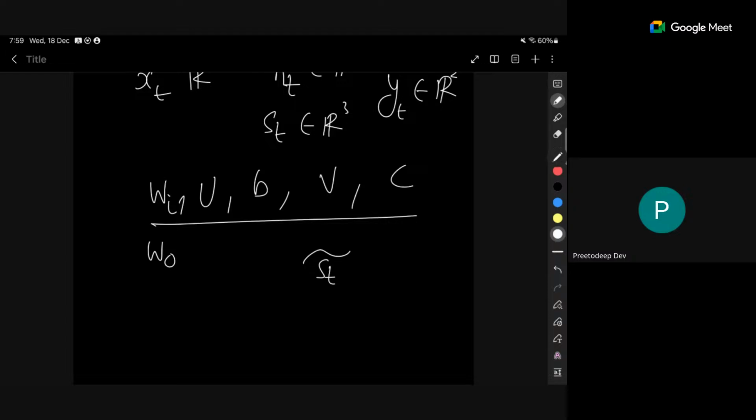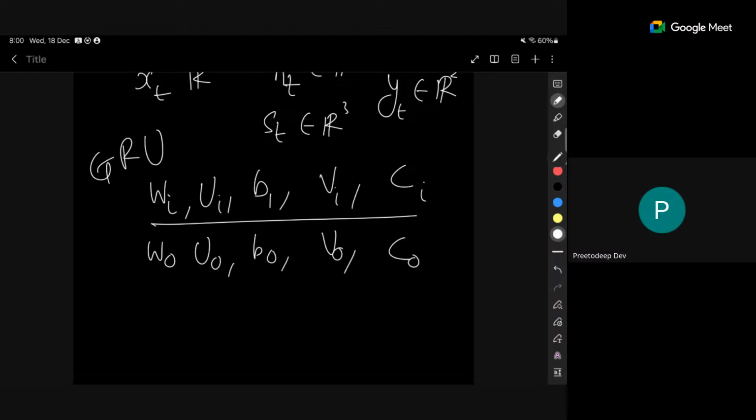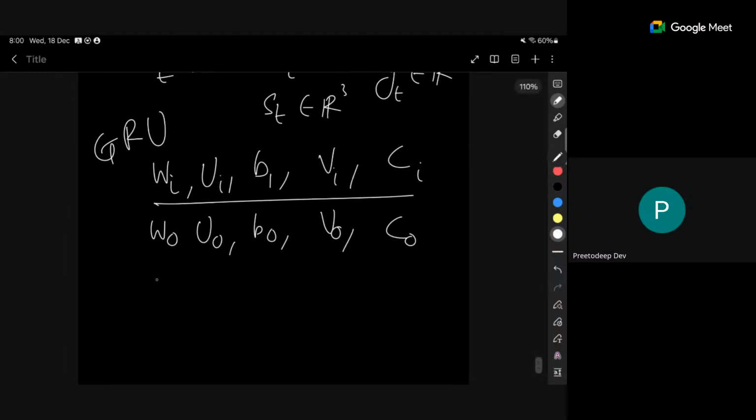It's not a parameter calculation again. Then u0, b0, v and c. So this 10 kind of equation will be for GRU. If it was an LSTM, I would have had forget also, this 5 kind of thing.